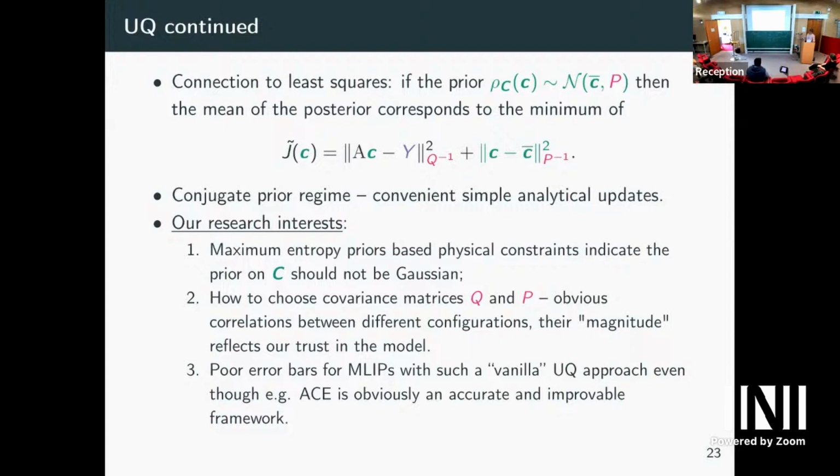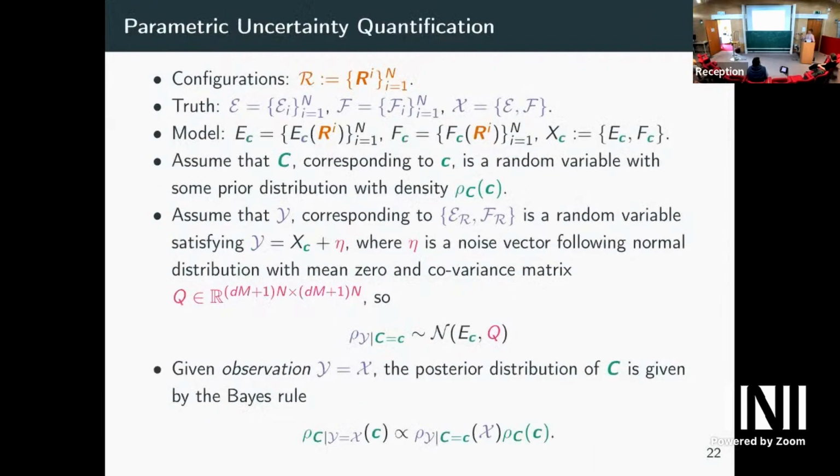But then there's another issue which Christoph recently pointed out to me, is that when they do this ACE framework, they know that when they just do deterministic fitting, they end up with something that is very accurate, even if they extrapolate to different mechanical properties. But if they try to do any sort of vanilla UQ approach, as described here, they end up with quite high error bars, and it's not representative of how accurate these things are in practice.